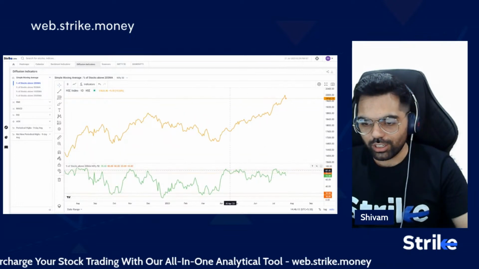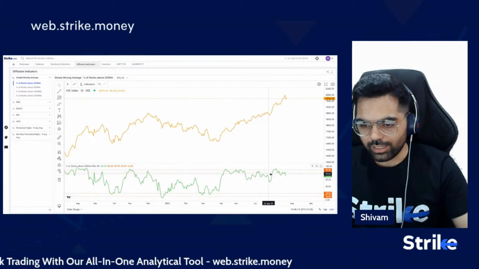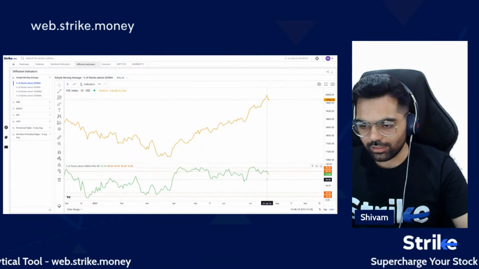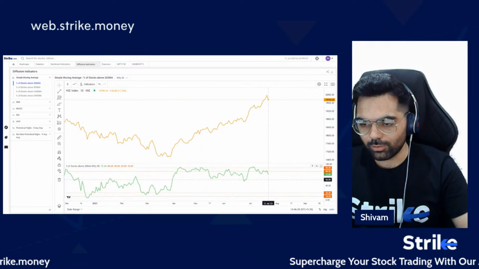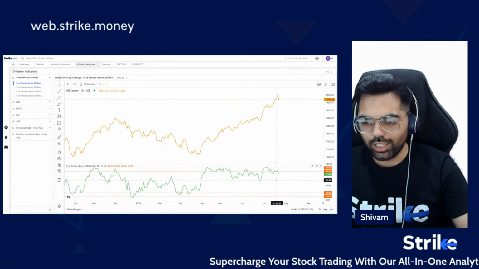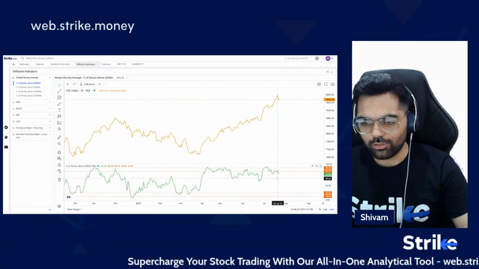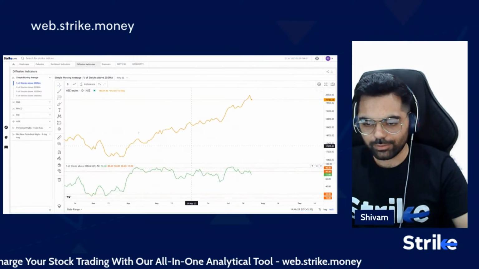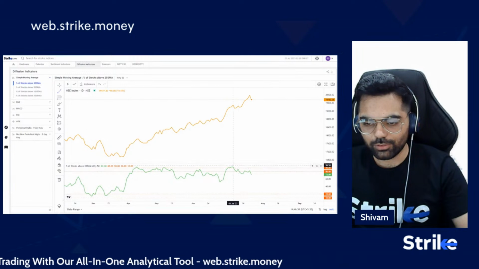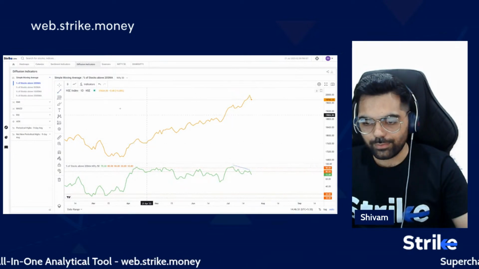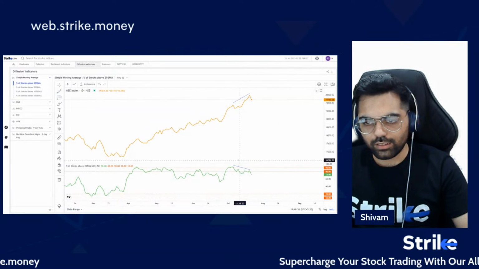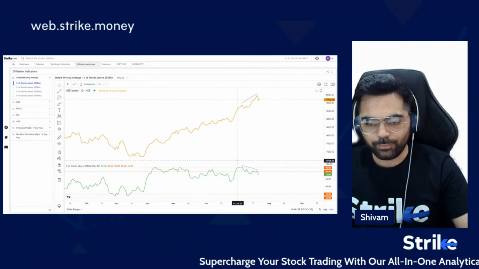This indicator has been in the range of 70, 80 to 90 since a few days, and today it is breaking a little below that, which is at 72. So it is still in the strong zone, but it's telling us that there is a small divergence if you look closely.